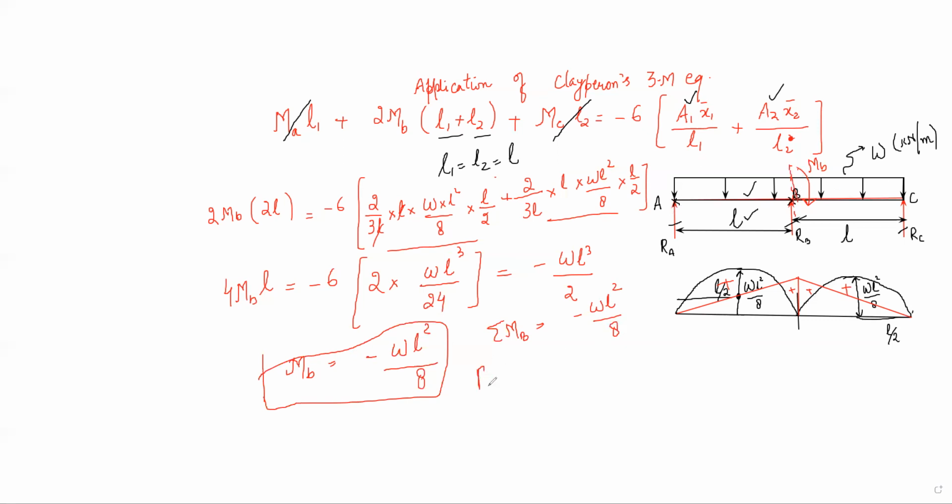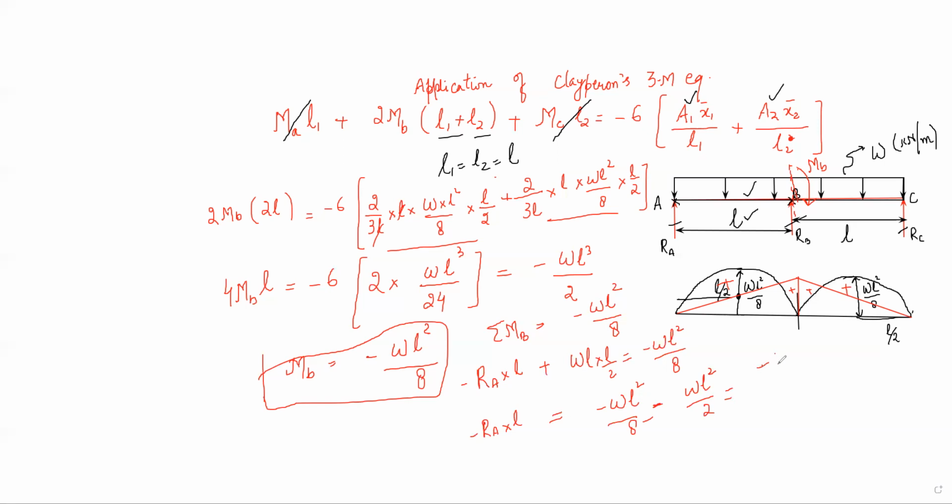So it will be RA into L, that is clockwise, we'll take it minus, plus WL into L by 2 is equal to minus WL square divided by 8. So RA into L but minus is equal to minus WL square by 8 minus WL square by 2.